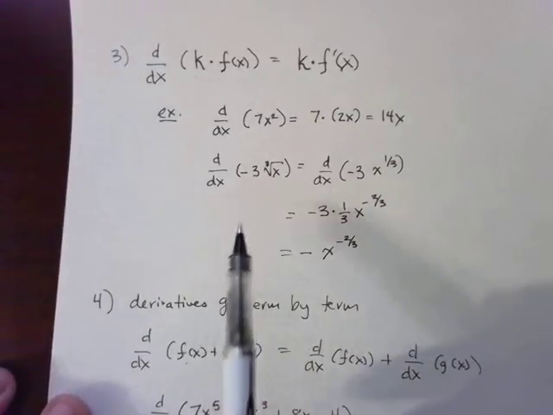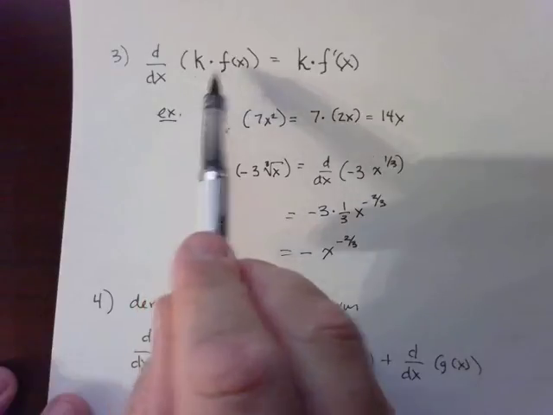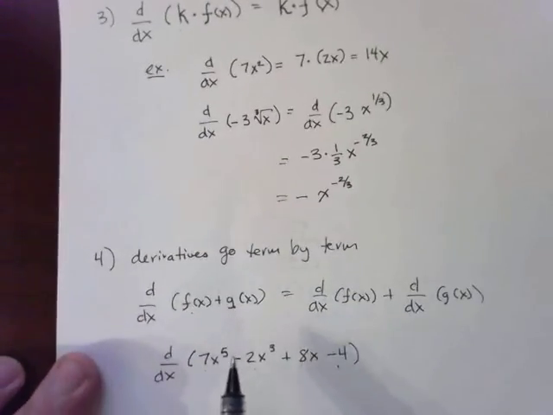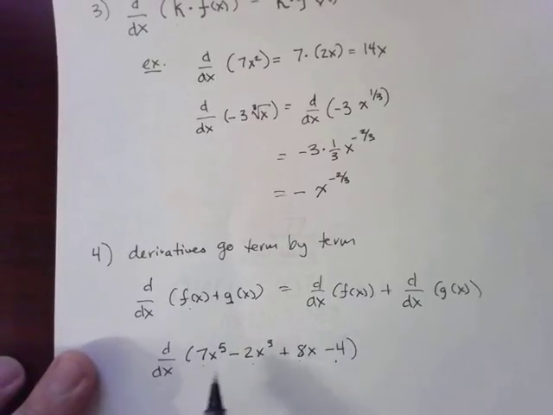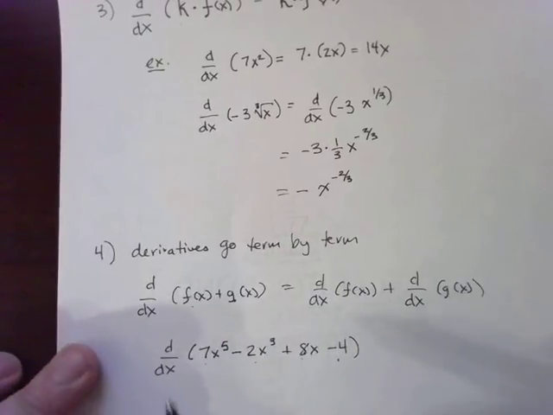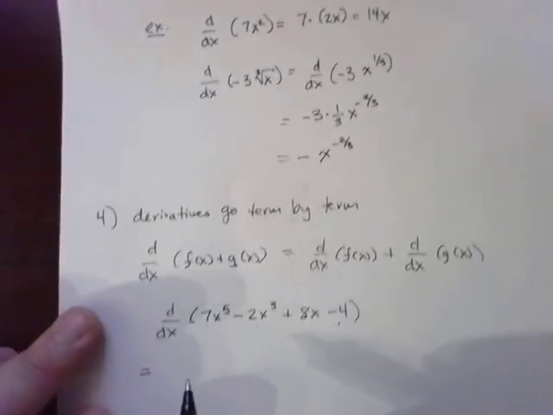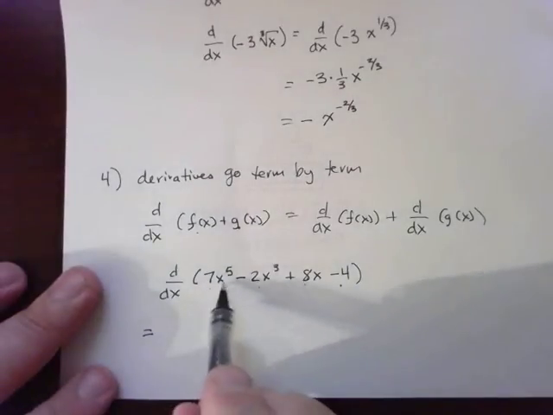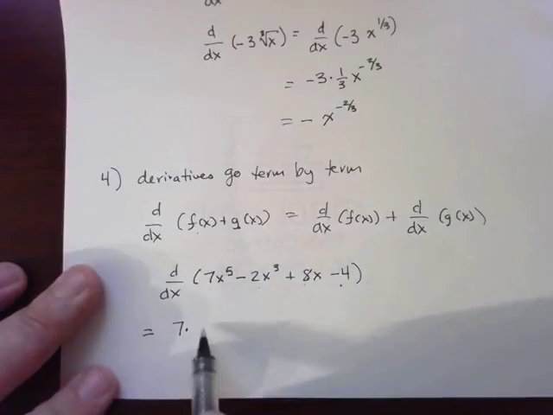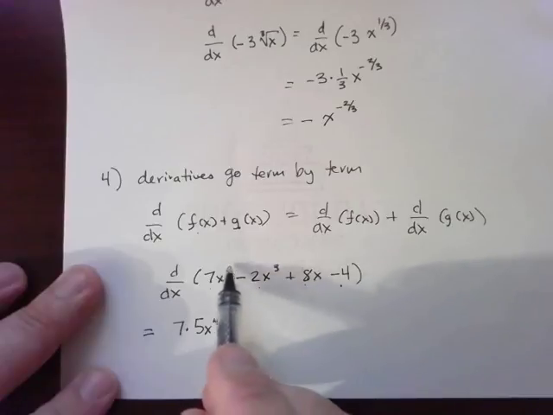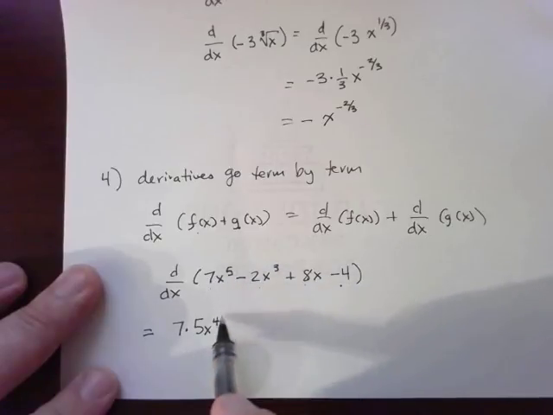Rule 3 here tells me that the constants just sit in front. So I see this 7 and this minus 2 and this 8, and they just sit there. And then I have the power rule going on each one. So I get 7 times the derivative of this, which is 5x to the 4th via the power rule. The 5 comes down in front, and I reduce the power by 1.